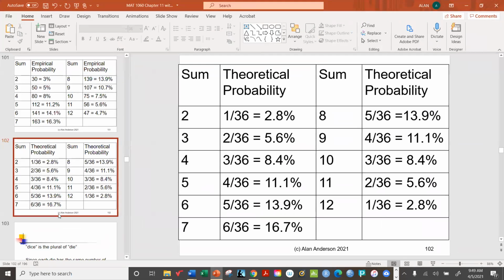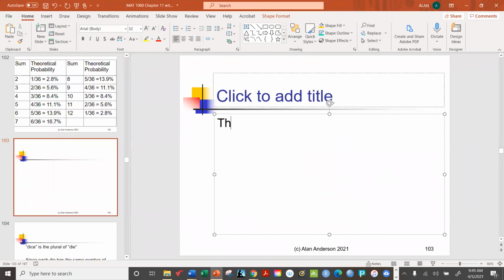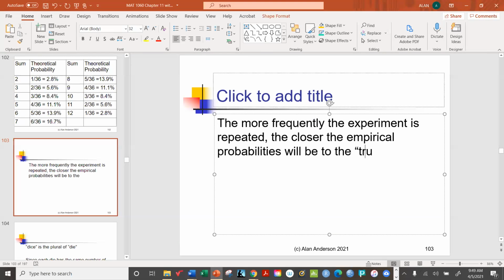The more frequently the experiment is repeated, the closer the empirical probabilities will be to the true or theoretical probabilities.